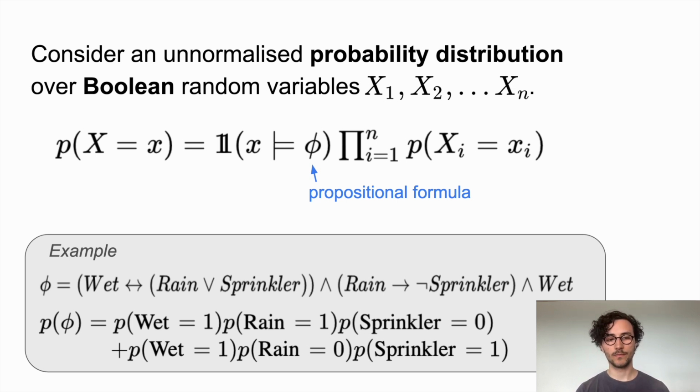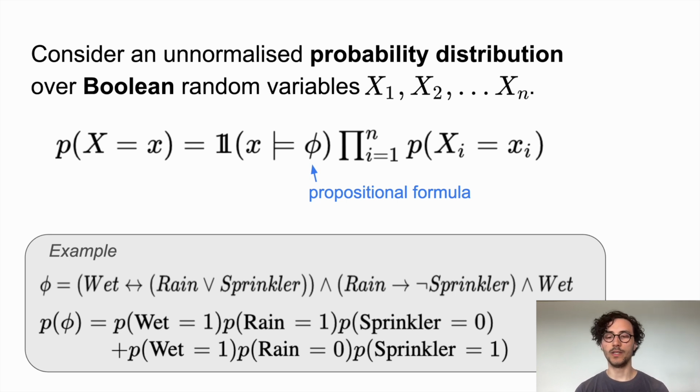So for example, you can take a formula here, which represents whether your grass is wet. In this case, you say, well, it's wet when it's raining or the sprinkler is on. Then you add some more information, namely, if it's raining, I'm not going to put my sprinkler on, sorry.